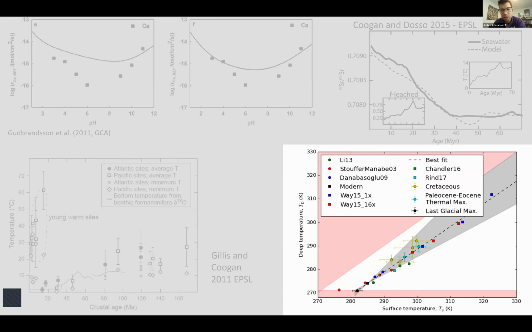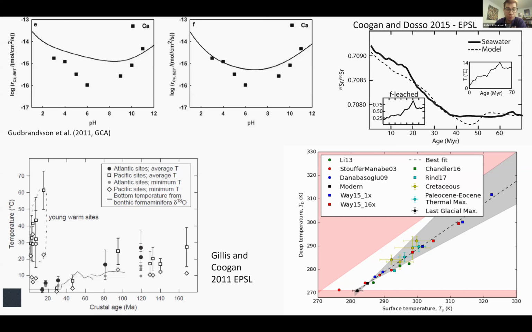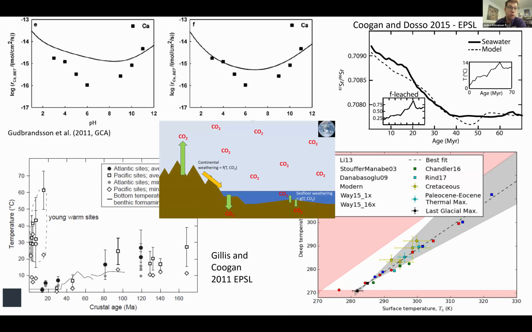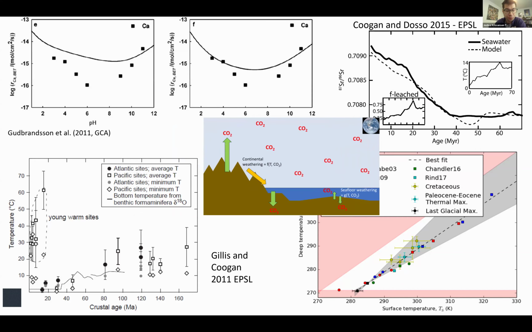And it turns out to be a shockingly linear relationship. So if you put all that together in a carbon cycle model, you can attempt to investigate how seafloor weathering has affected climate evolution.